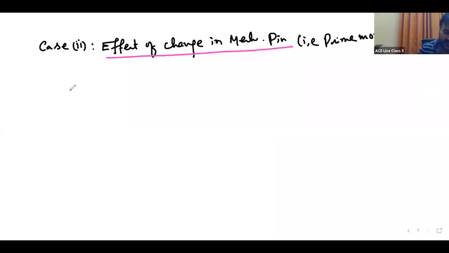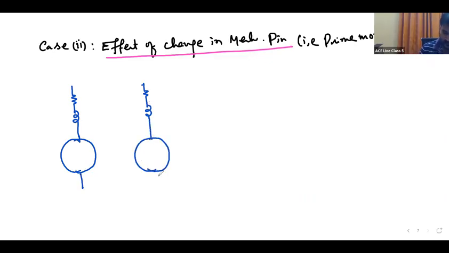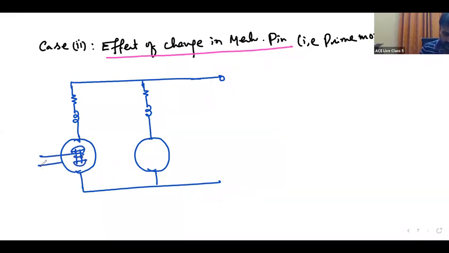Two machines are connected in parallel, with synchronous impedances ZS1 and ZS2.